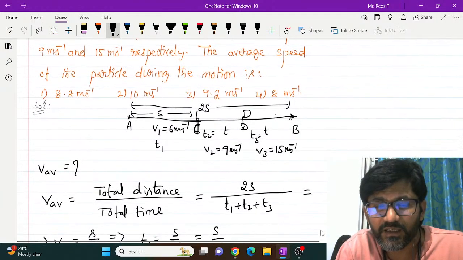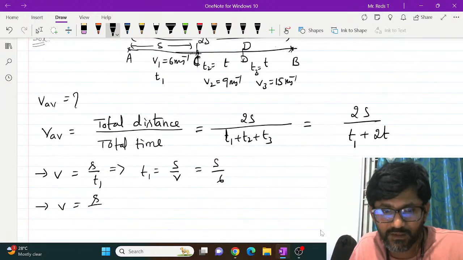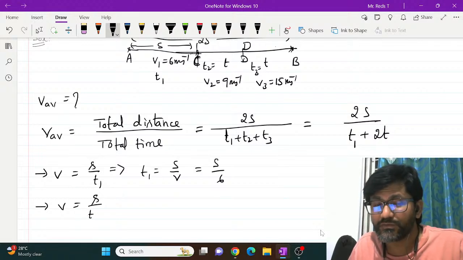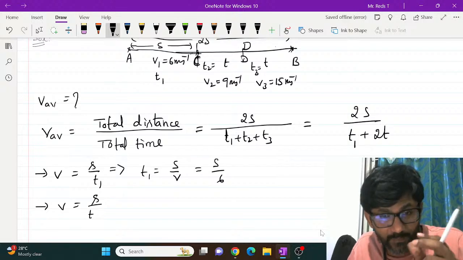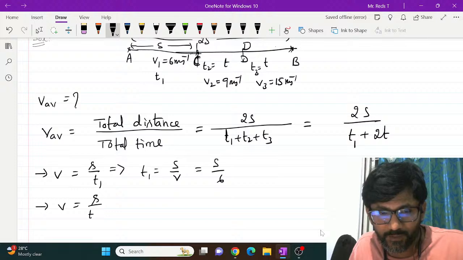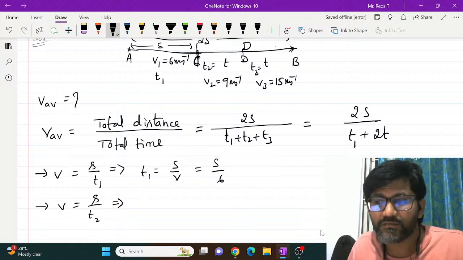The remaining entire half distance it has traveled during time intervals T2 plus T3 actually. So here let us take for CD, during the CD duration, T2 time it has taken.